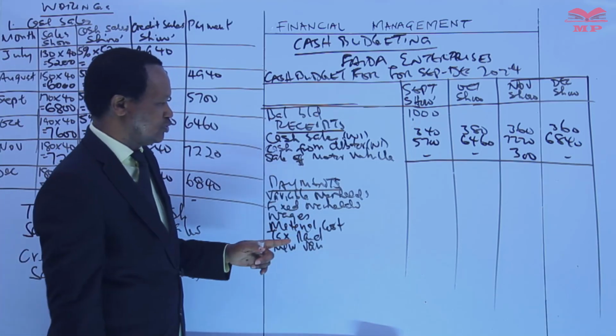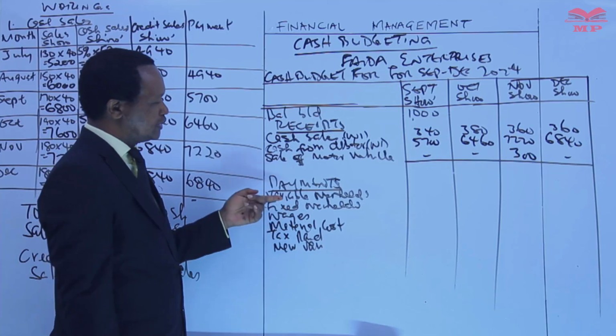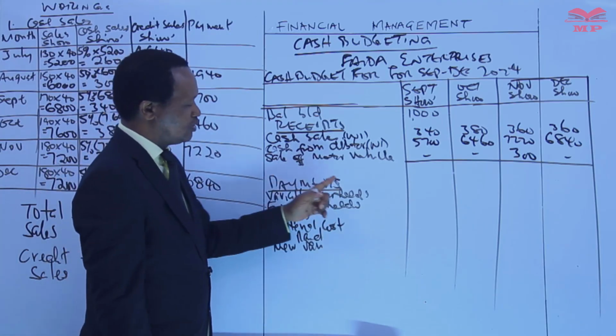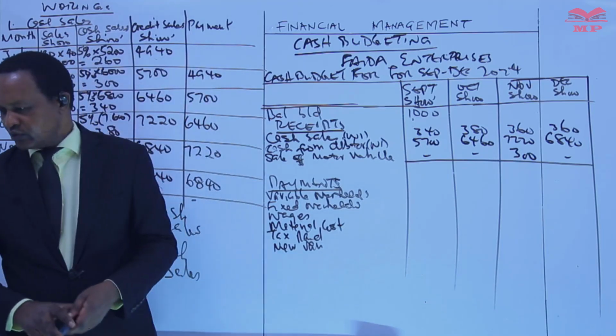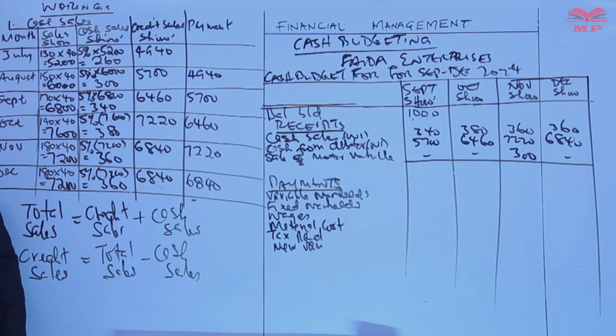Now we want to find out how to calculate first of all the variable overheads. To know how to calculate the variable overheads, you read the information. Go to the question and check the information given on variable overheads.